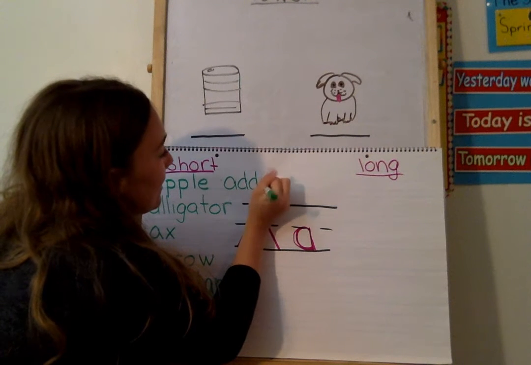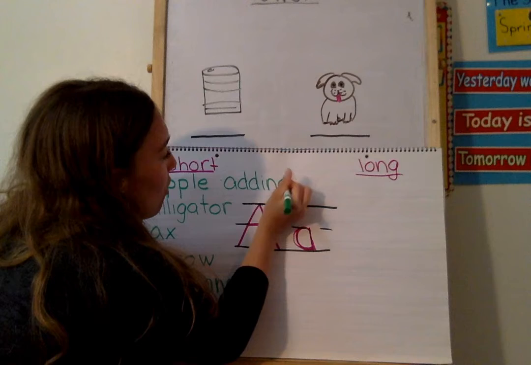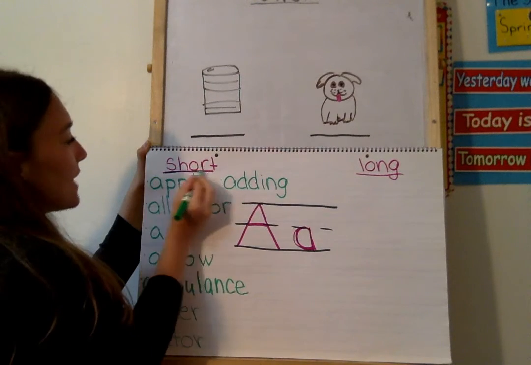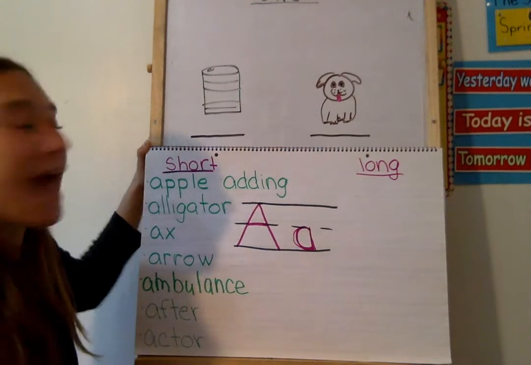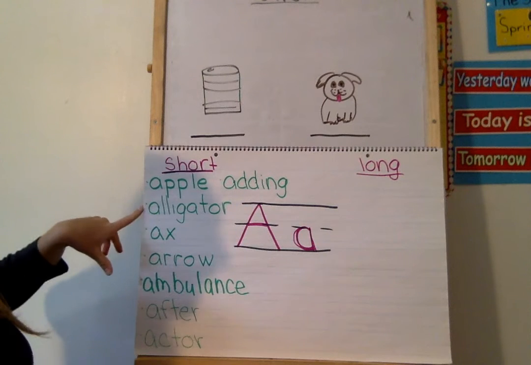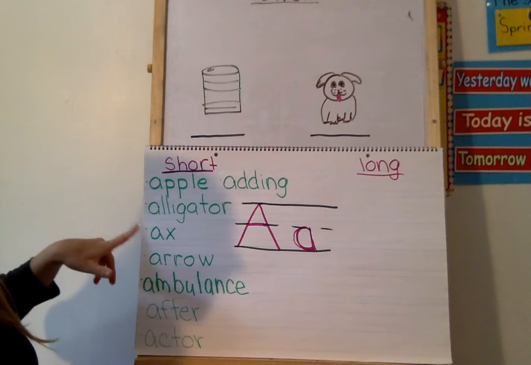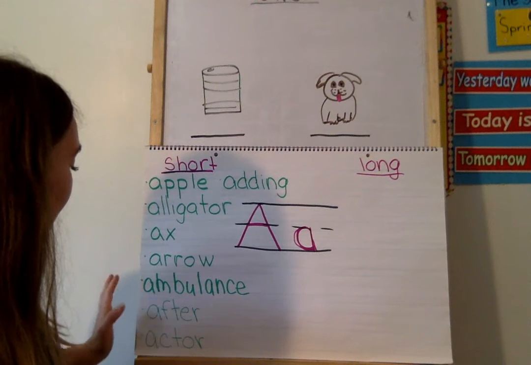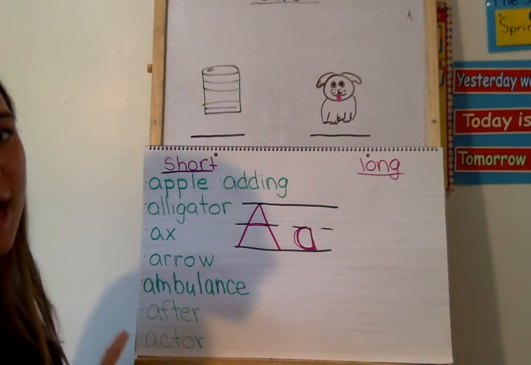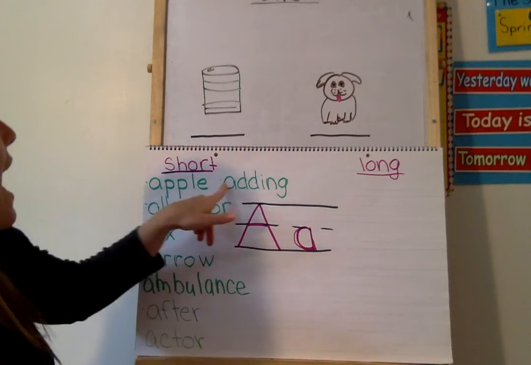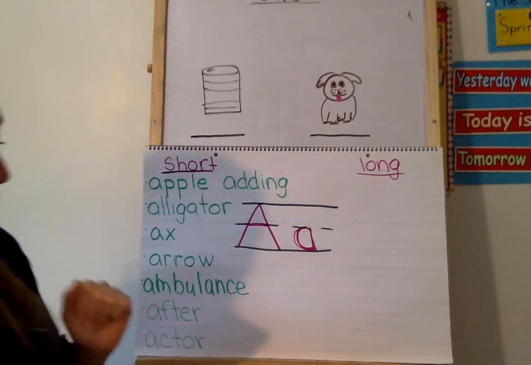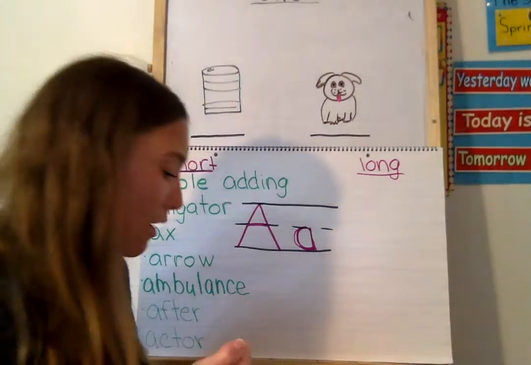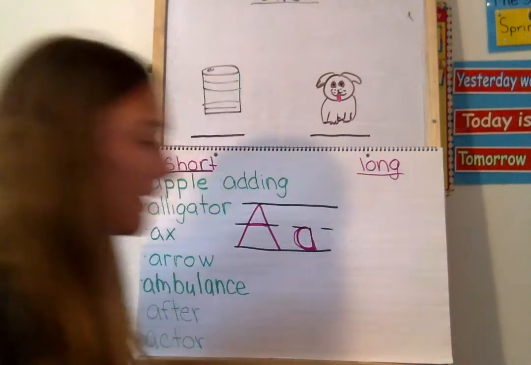So these are all words that have the short sound A. Apple. Alligator. Axe. Arrow. Ambulance. After. Actor. And adding.